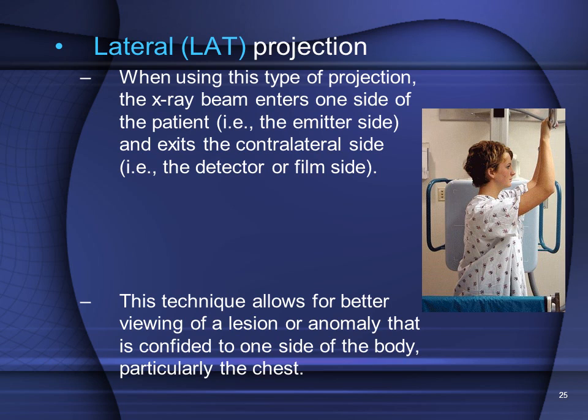This stands to reason, because as the X-ray beam photons travel through the body, they hit the massive tissue and are attenuated more, and therefore the lesion confined to that one side of the body will create a better image for us to interpret on the film. Again, this is the lateral projection, and it is usually a technique utilized for viewing a lesion that's confined to one side of the body, usually in the chest.